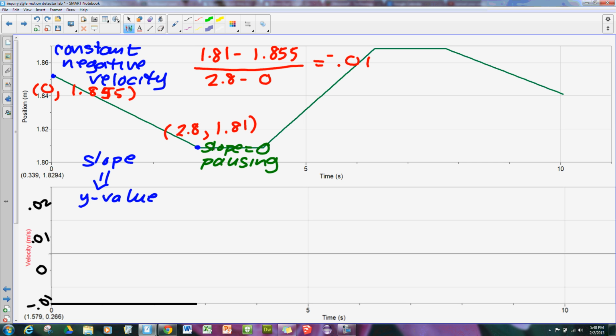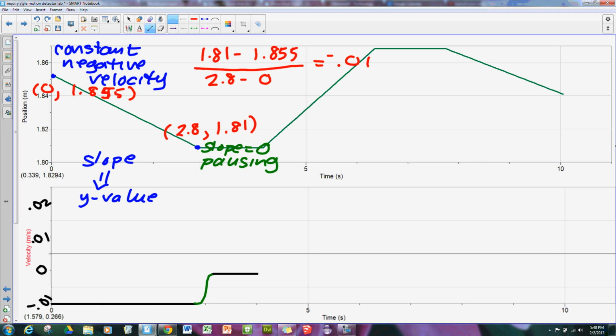This really should be a gently curved transition there to a velocity of 0, like so. And then at 0, there will be a horizontal line across for that time segment.